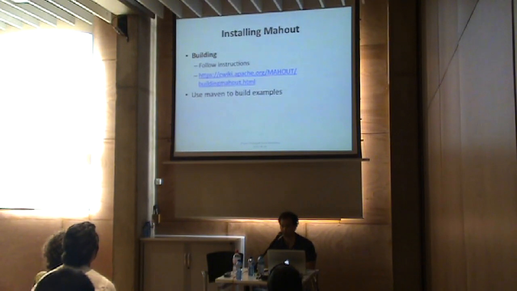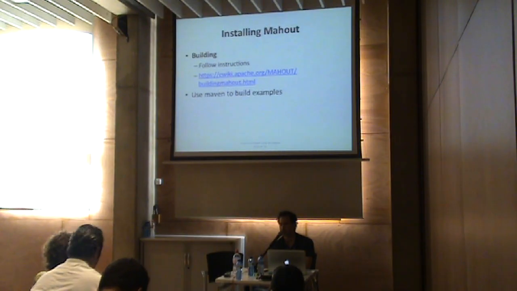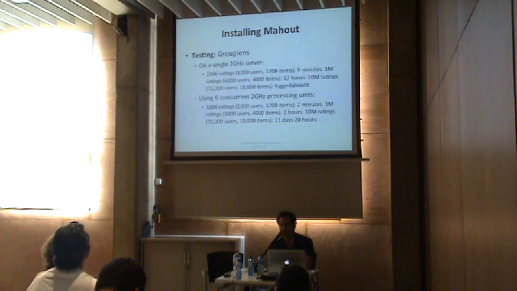Otherwise, if you're having problems, you can post them to one of 3 different issue queues linked to, I think, at the end. And use Maven to build the examples. There's an example that's included with the Recommender API. All you have to do is download a data set, which is called GroupLens.